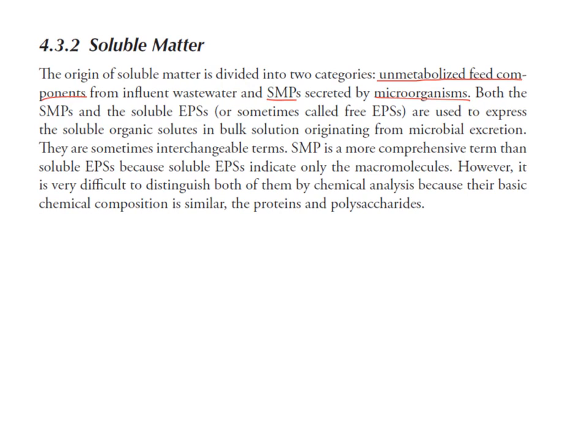They are sometimes interchangeable terms, although EPS is a more comprehensive term than soluble EPS, because soluble EPS indicates only the macromolecules. However, SMP include not only the macromolecules but also small molecular organics. It is difficult to distinguish both of them by chemical analysis because their basic chemical composition is very similar, as they also consist of protein and polysaccharide.